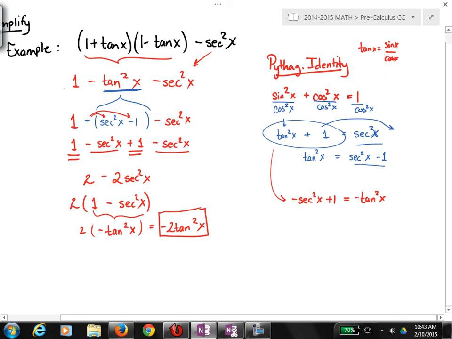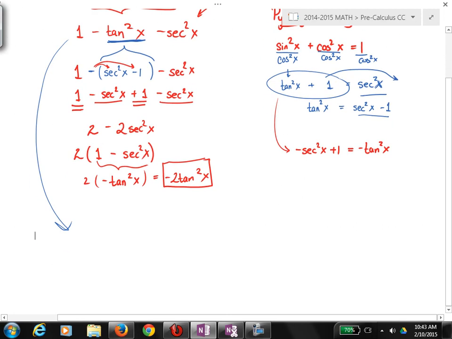So let me jump from this step. Let me rewrite it. I have 1 minus tangent squared of x, and this is another approach where instead of secant, I'm going to go ahead and put this tangent squared of x plus 1.